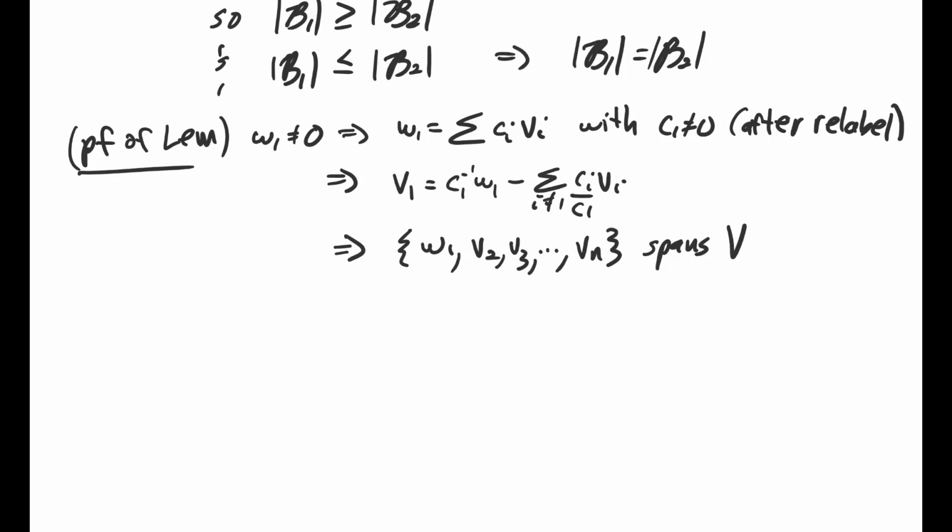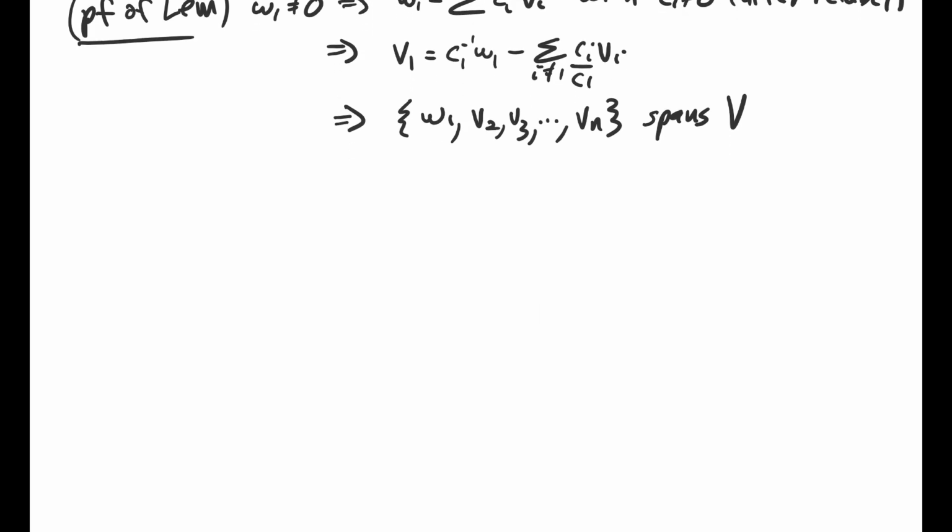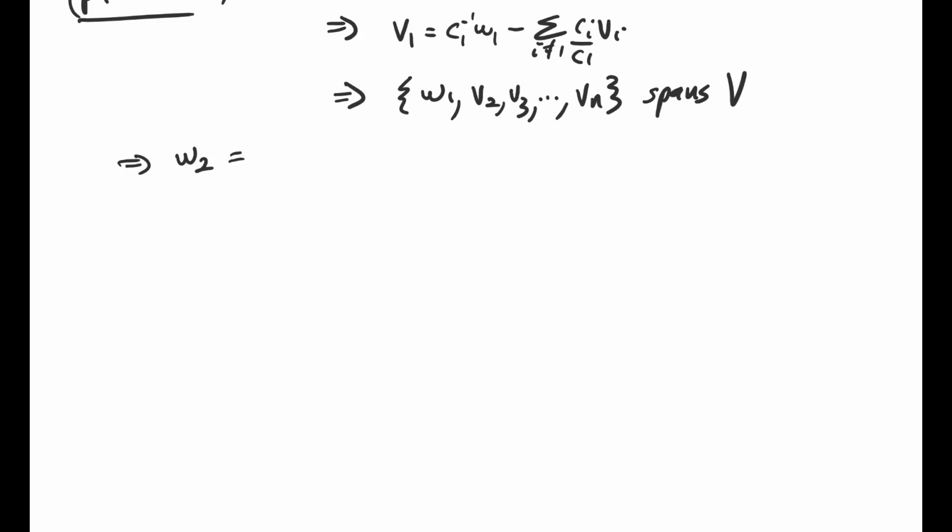All right, let's turn to w2. That means w2 can be written as a linear combination of this new spanning set. I'm going to still use c's for this. They're different c's. So w2 is a combination of w1 and the remaining v's.